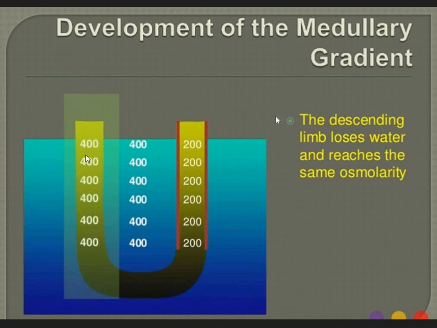So now we see that the descending limb of loop of Henle also becomes 400, gains the osmolarity of 400, because that much water comes out of the descending limb so that it equilibrates with the osmolarity of the medullary interstitium. Okay, so this descending limb loses water and it reaches the same osmolarity as that of the medullary interstitium.